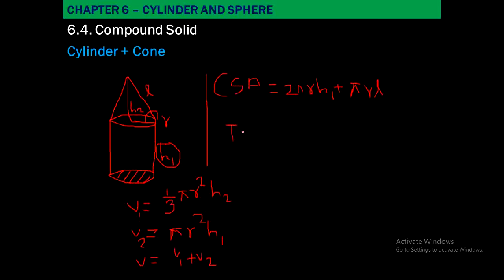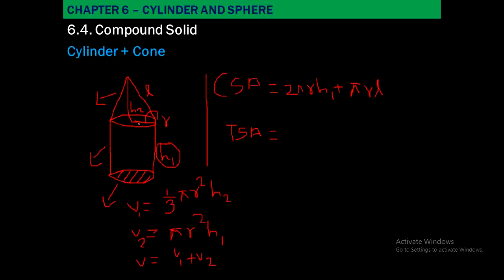Again, TSA. This is the base area, this is cylinder and this is cone, and this is the circle which is overlapped by the cone.